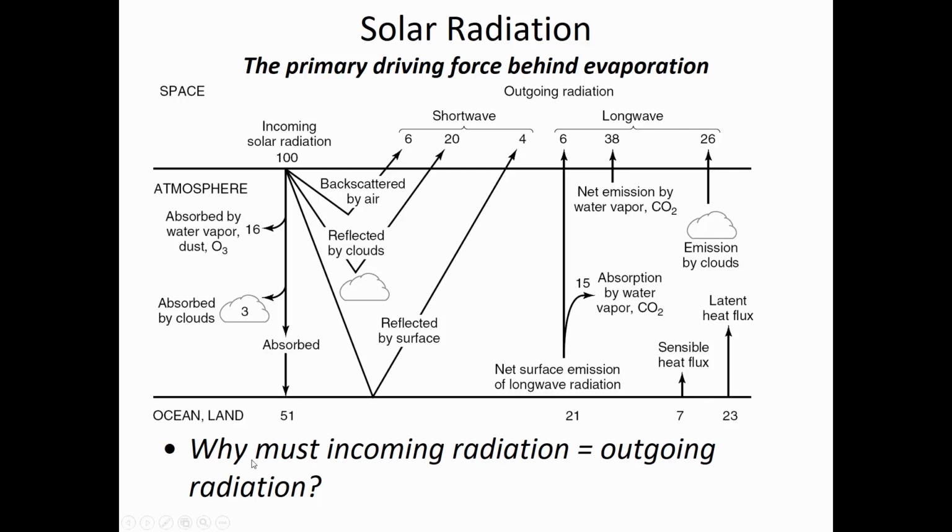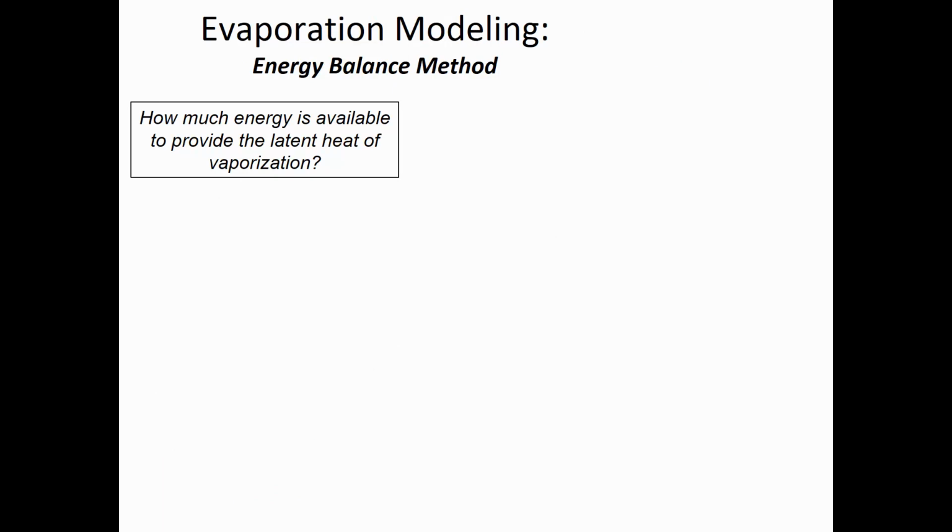So of course we have to have balance between incoming and outgoing radiation. Otherwise there would be an accumulation and we'd cook just in a matter of hours. But in evaporation modeling, there are two main approaches, and one of them looks at energy being the limiting factor. The other looks at transport as the limiting factor, meaning moving the moisture away from the surface.